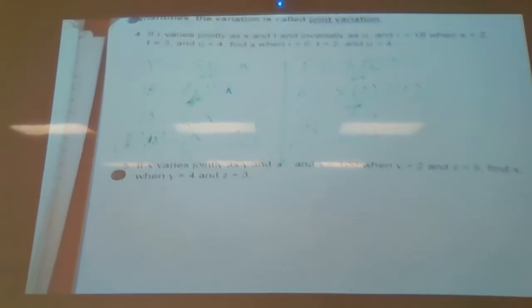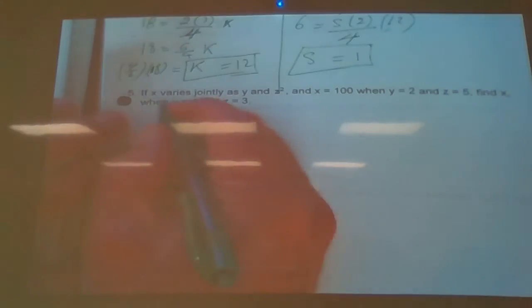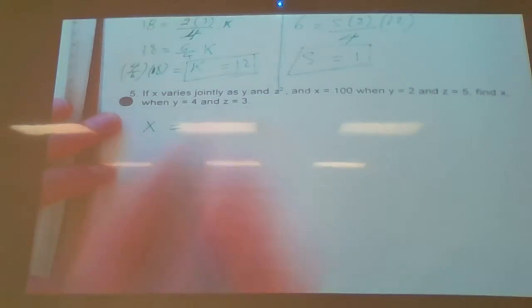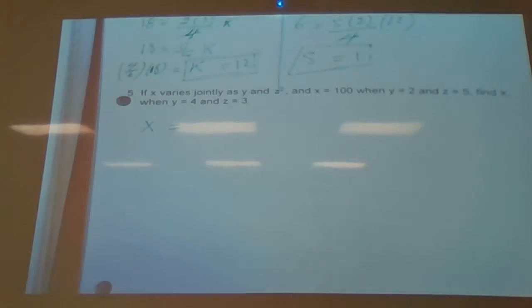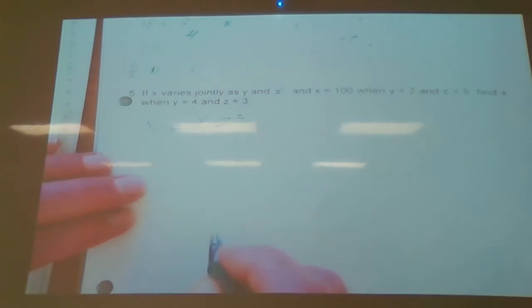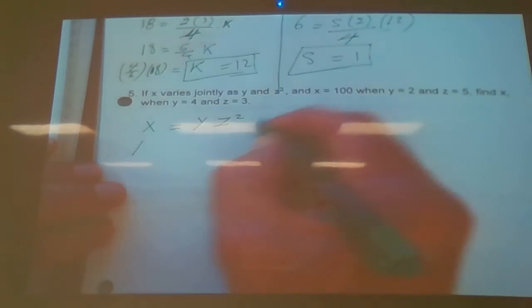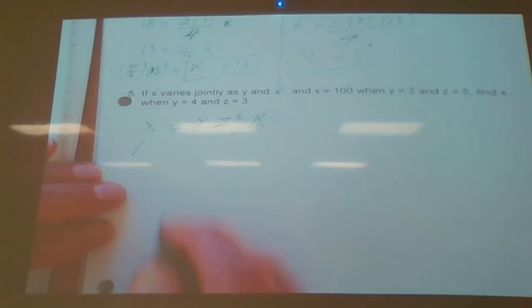Last question. Again, x varies jointly, there's the first thing, x is going to vary jointly as y and z squared. So here we go. When x is 100, there's your k, don't forget your k.